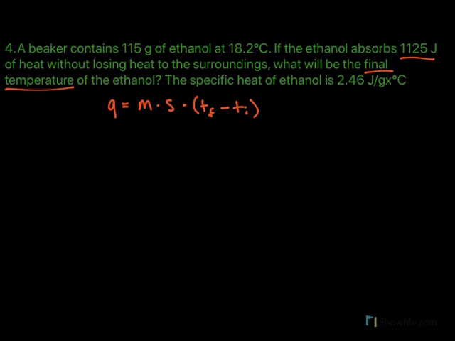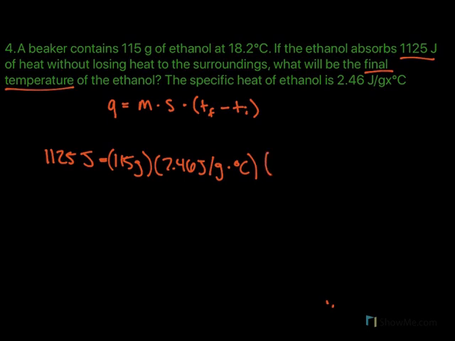So we can plug in all these numbers, and we're saying that we've absorbed, so it'll be positive 1,125 joules. We didn't lose heat, we gained it. So this equals 115 grams times 2.46 joules divided by grams times degrees Celsius, times temperature final, we don't know what that is yet, minus this 18.2 degrees Celsius that is our temperature initial.